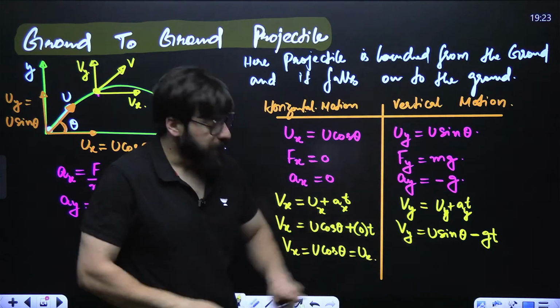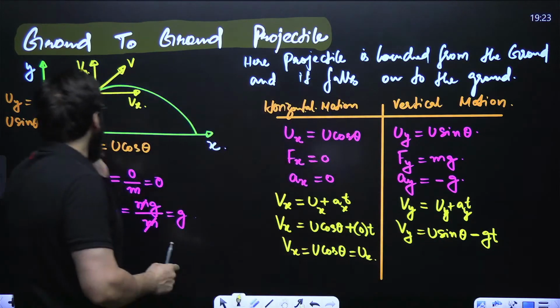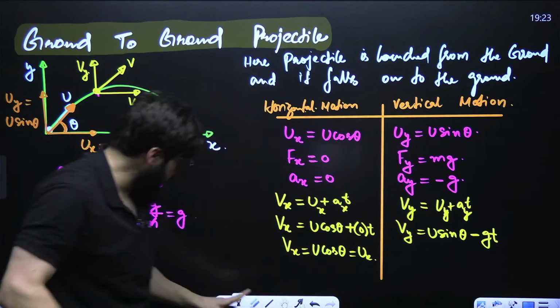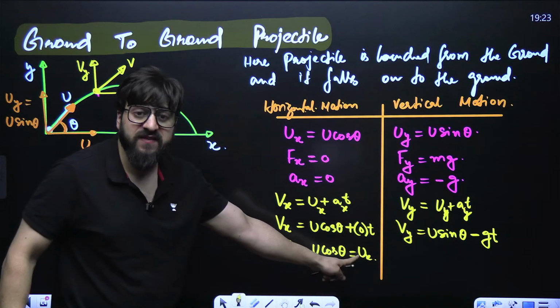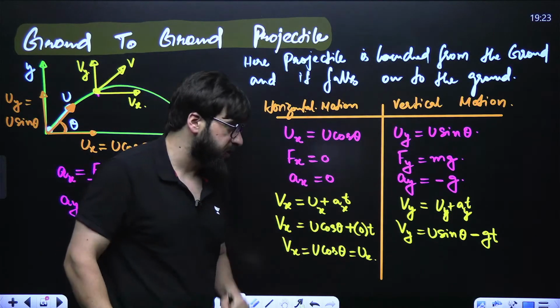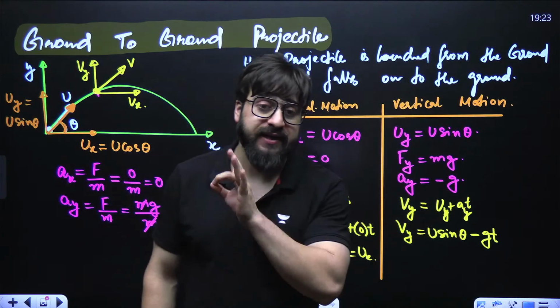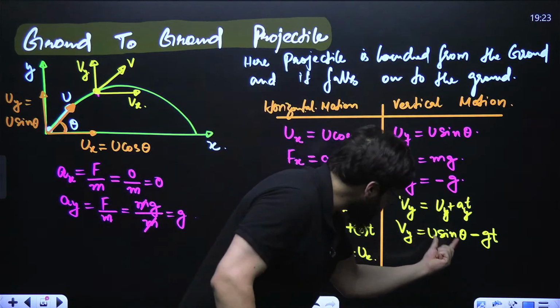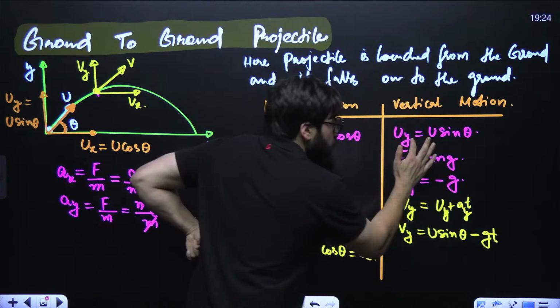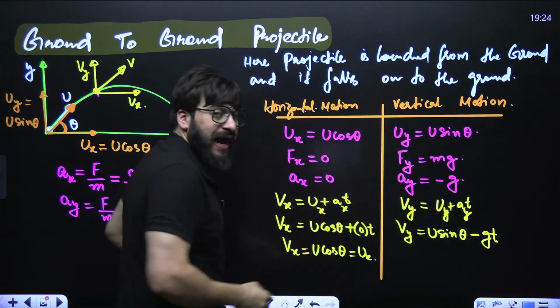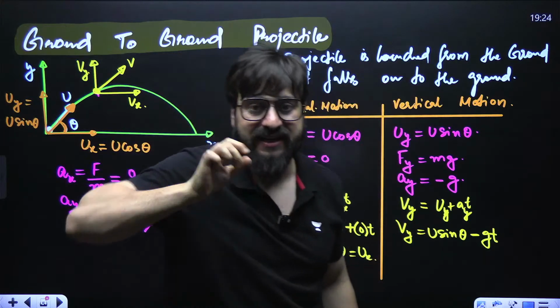Why, sir? Because as the body goes up, its vertical component keeps on decreasing. Sir, horizontal component will remain same. Yes, horizontal component remains same. But when it comes to the vertical component, it keeps on decreasing, because it is u sine theta minus gt. U sine theta is the initial value, and if you subtract something from that, it will decrease.